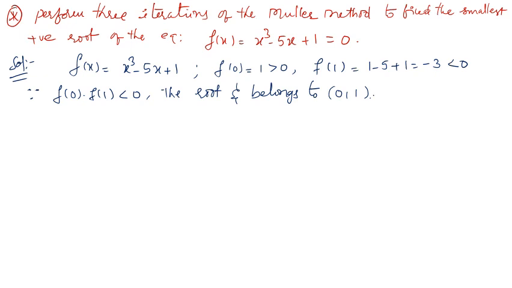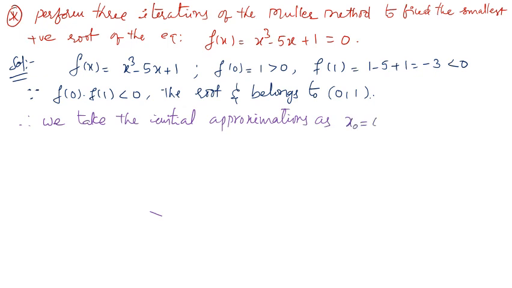Now the main point is, in Muller method we need 3 approximation roots. Therefore we take the initial approximations as, first one, x0 equal 0. The root belongs to open 0 1.